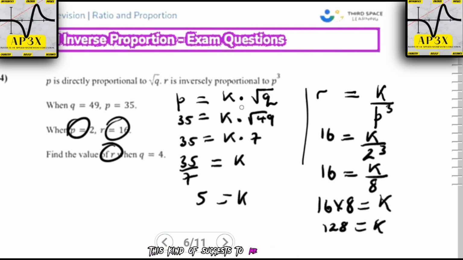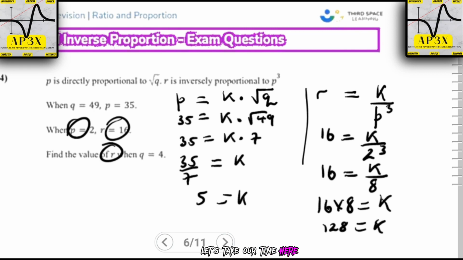So this suggests to me that I need to find P and then transpose the value of P over here in order for me to find R. This is a really nice exam question. I'm looking for a variable that is in one formula, but they've given me the value of the other variable that is in another formula. So we need to do a little setup here.